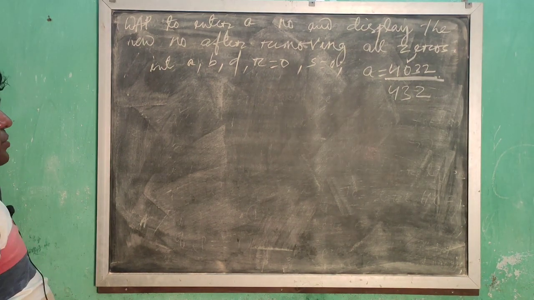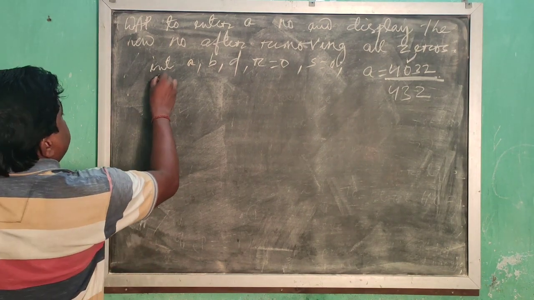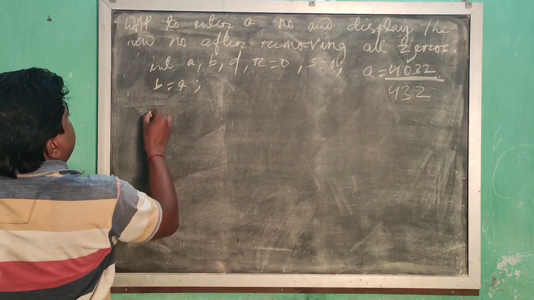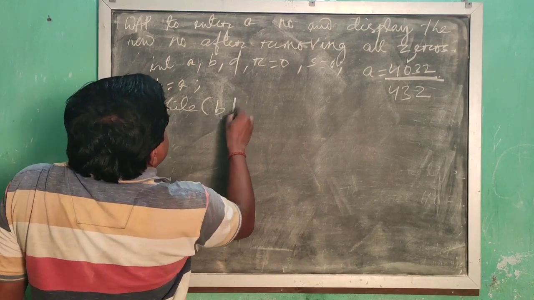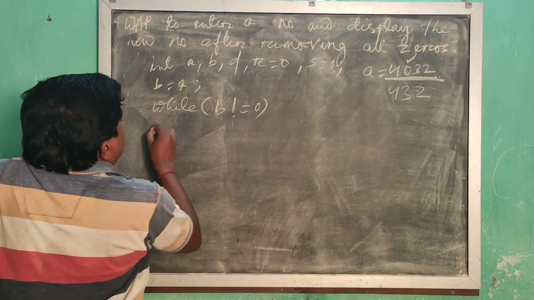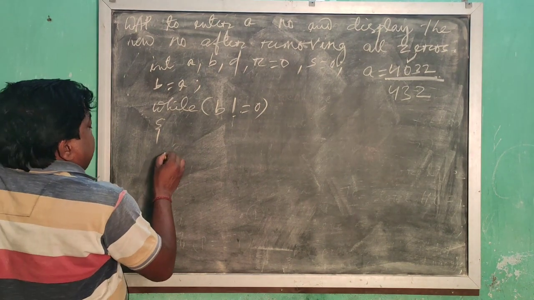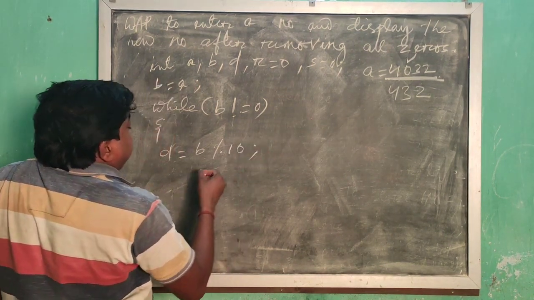Then the logic will be, after entering the number you have to write b equal to a, then while b is not equal to 0, start one parenthesis, then write d equal to b modulo 10.